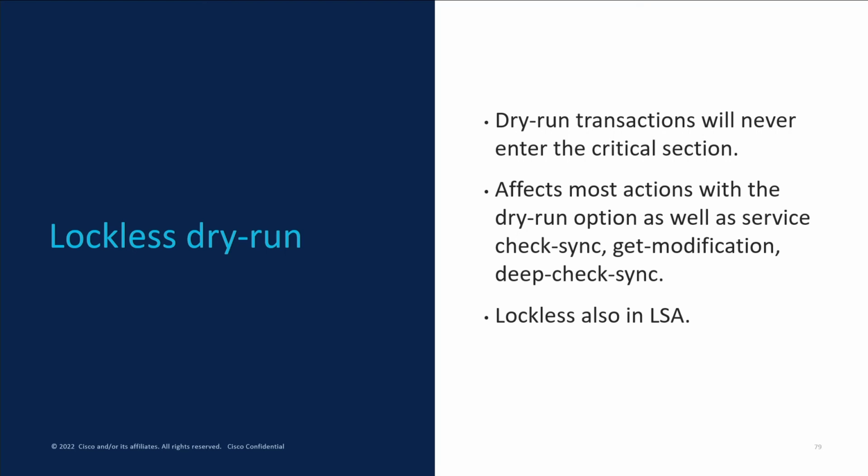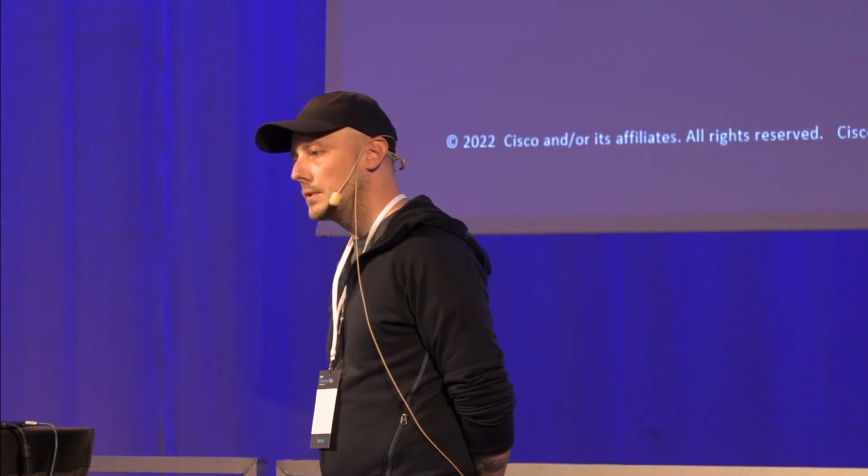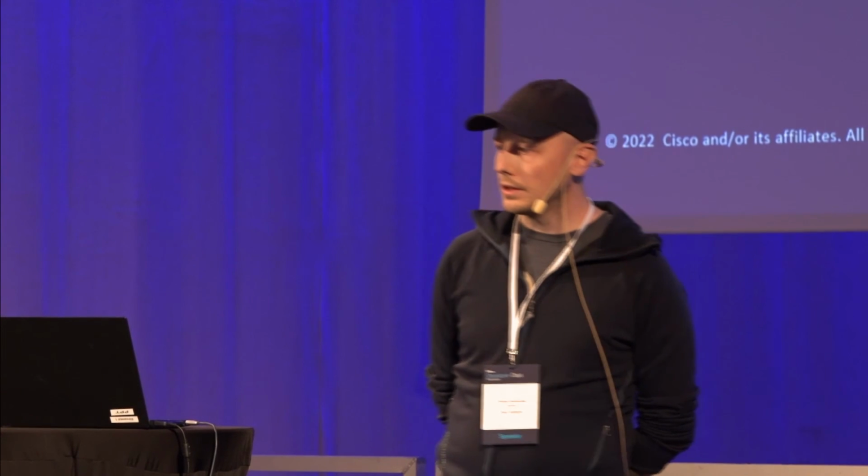Previously, this was done inside of the critical section as the validation and service invocation had to be done there. But by moving these, we can also move dry run. And by making dry run lockless, we will reduce the overall time spent inside of the critical section, as well as making response times faster. We don't need to wait anymore for other transactions to perform a dry run. So that's great.